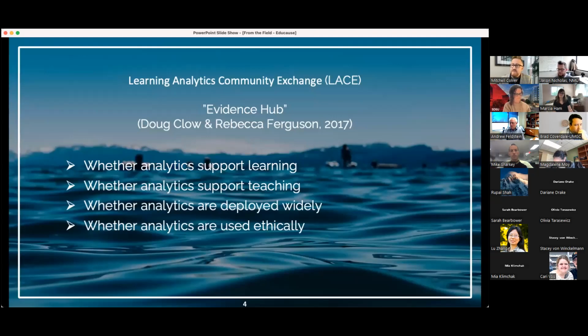The interesting thing to me is "deployed widely." When we started at Utah State with analytics, we had this notion that deployed widely meant deployed widely institution by institution. But I started to realize that it as often means: is it used widely within the institution?